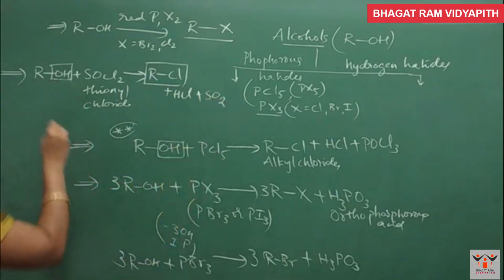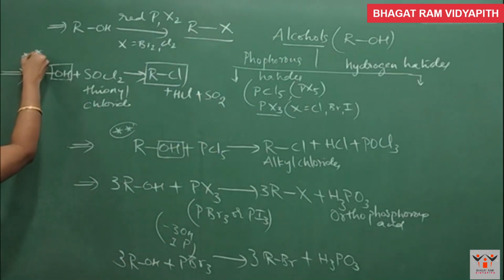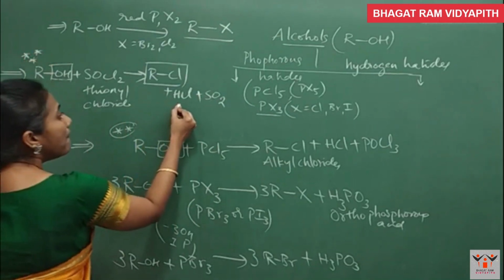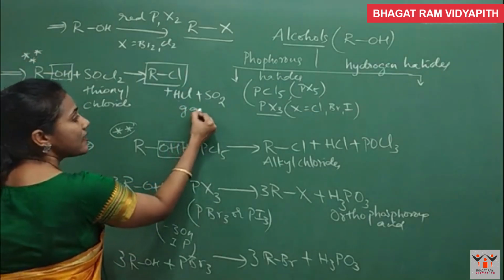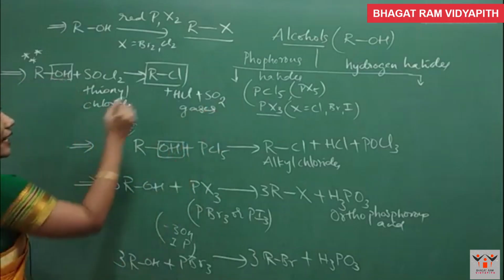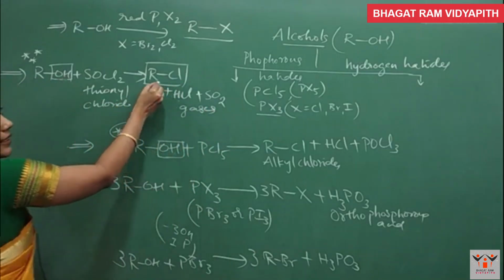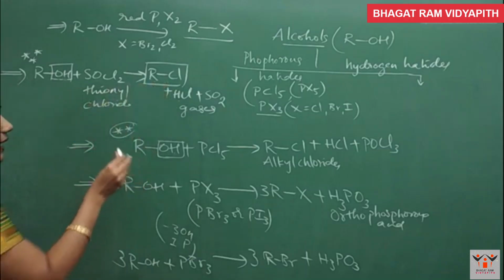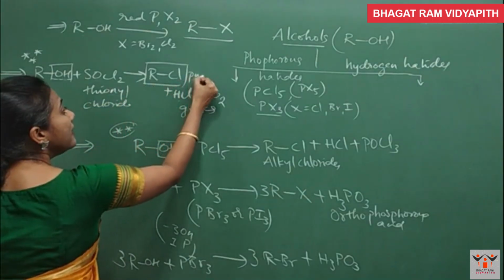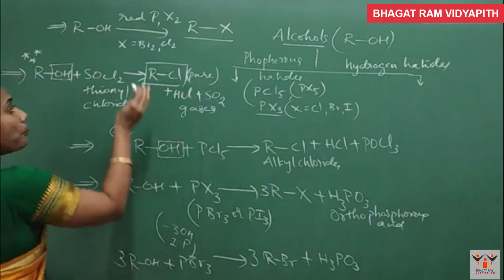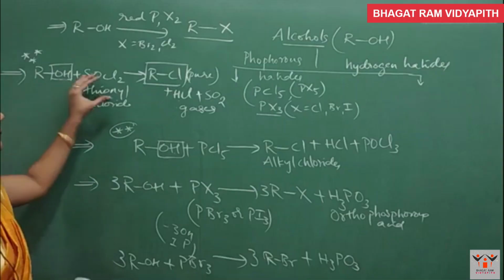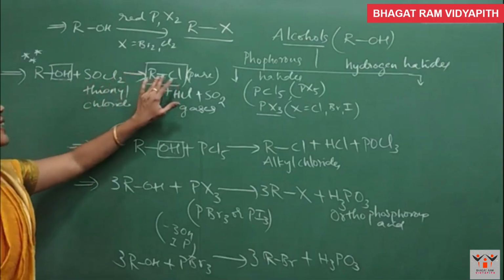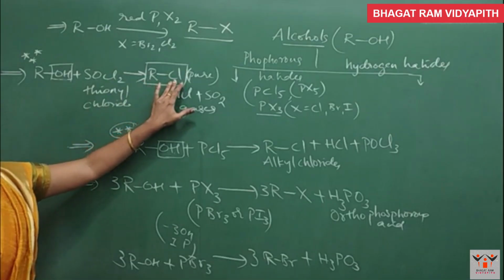Why this reaction is very interesting and important is that the byproducts HCl and SO2 are gases, and the main product, the alkyl halide, is available in pure form. So pure alkyl chloride you can prepare. You cannot prepare alkyl bromide and alkyl iodide from this method.